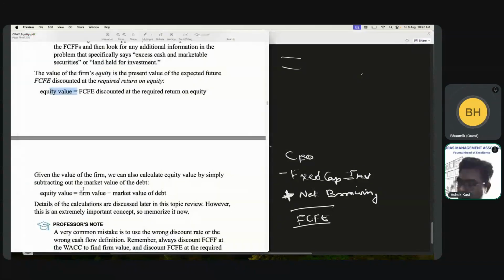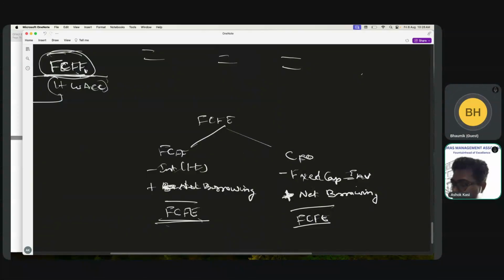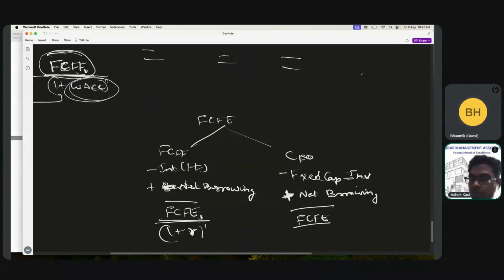Then what is the value of equity? Equity value is discounted. If this is at time 1, then I will use the required rate, the cost of equity. If it is free cash flow to the firm, I will use WACC, because it includes bonds as well as equity. Here I will use cost of equity.